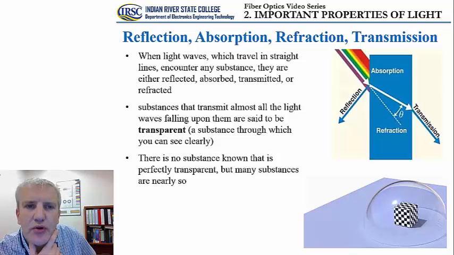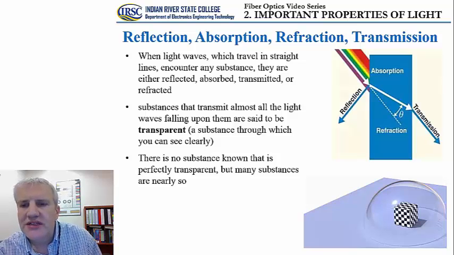There are a few important phenomena that are immediately coming to our attention when we're talking about the interaction of light with the medium. And the four phenomena are shown on this slide, namely reflection, absorption, refraction, and transmission.